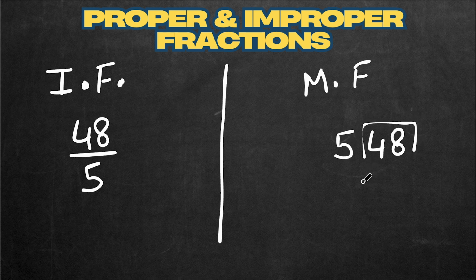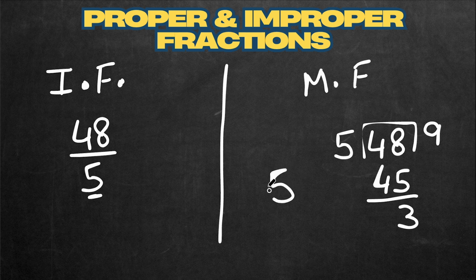And guys, pay attention because this is going to be a pretty quick technique. How close can I reach 48 with a 5? So I can do 9 times, right? For 5 9s are 45. What is left? 3. Now pay attention to what goes where. The denominator stays as it is. The number that we multiplied it by comes to the side, and the number which is the remainder, or what we will add at the end, becomes the mixed fraction.